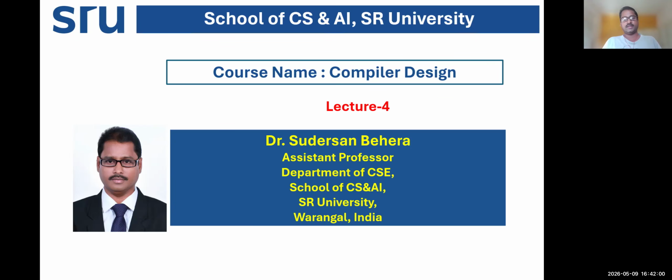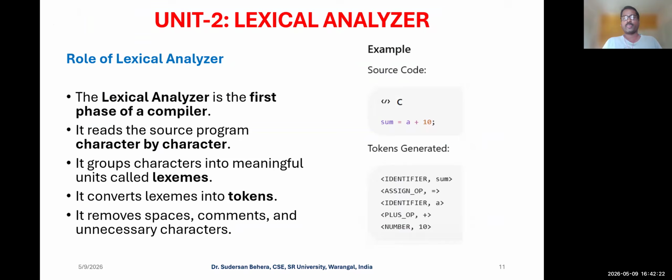I think this is lecture number 4. From here onwards we will be discussing unit 2, which covers two phases of the compiler. One is lexical analyzer and the second one is syntax analyzer.